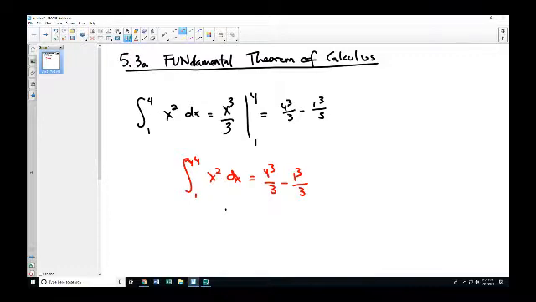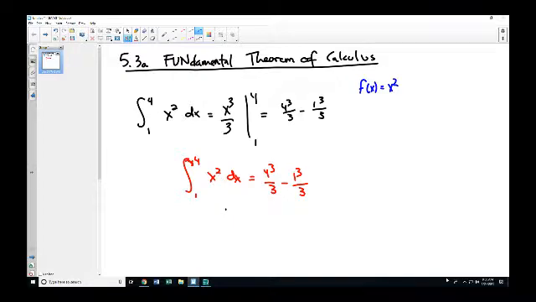Part of navigating the fundamental theorem of calculus is navigating the function notation. Okay, and if we call that f of x, it's right here, correct?